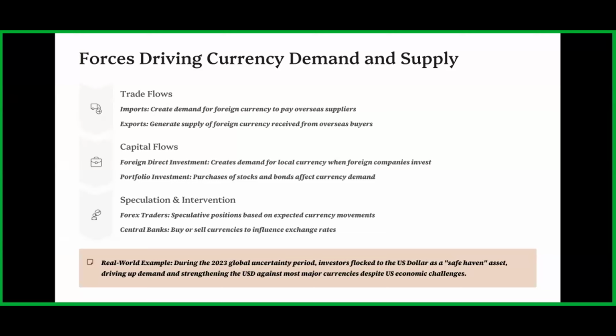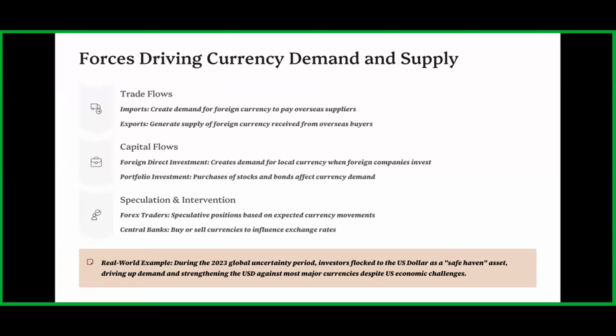So the multinational companies first need to convert that foreign currency into Indian rupees. Then they can use these rupees for their different expenditures, to manufacture different goods and services. So foreign direct investment creates the demand for the local currency.